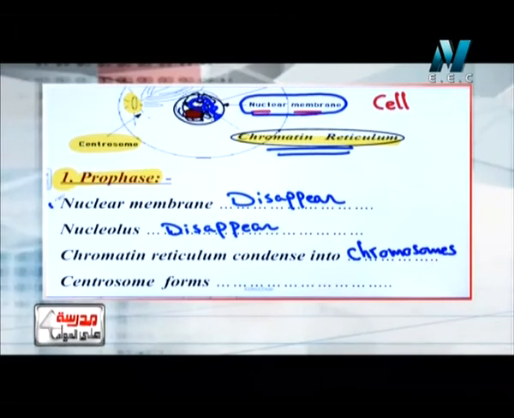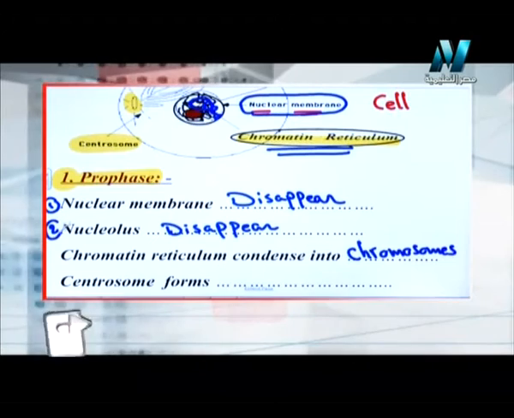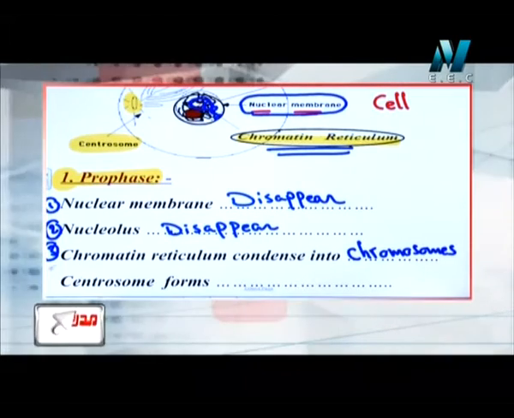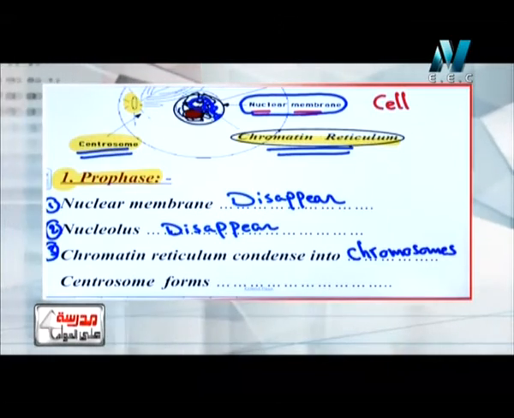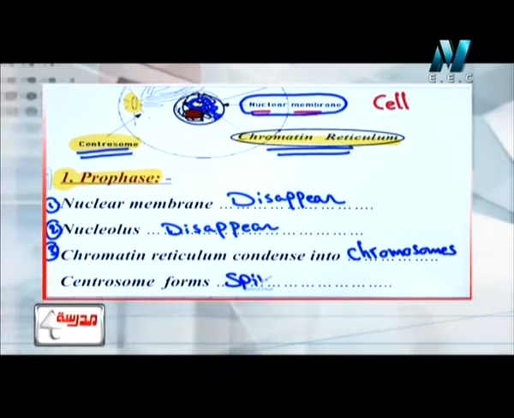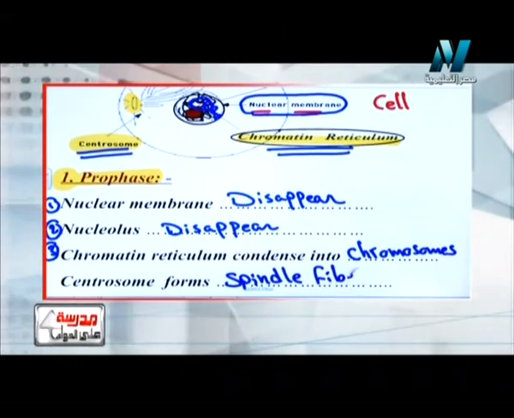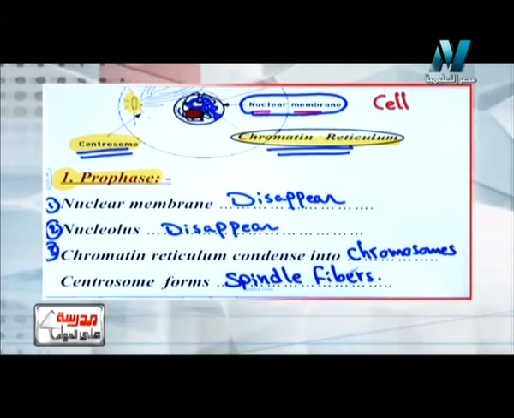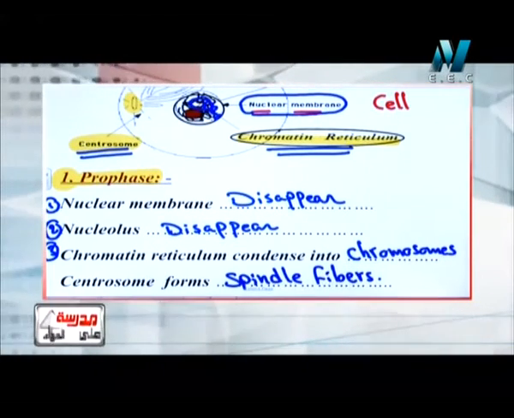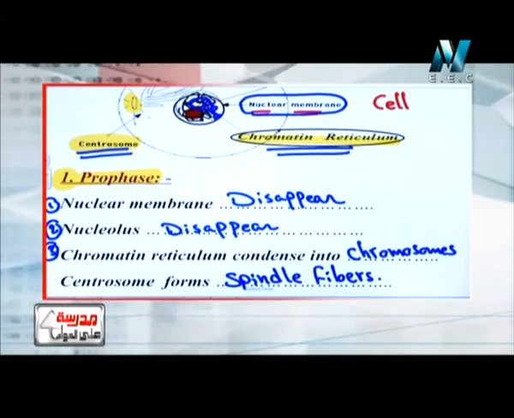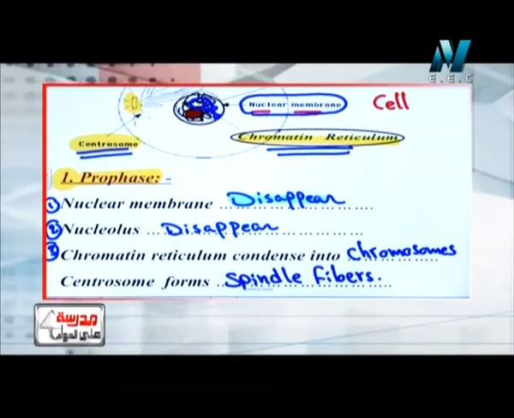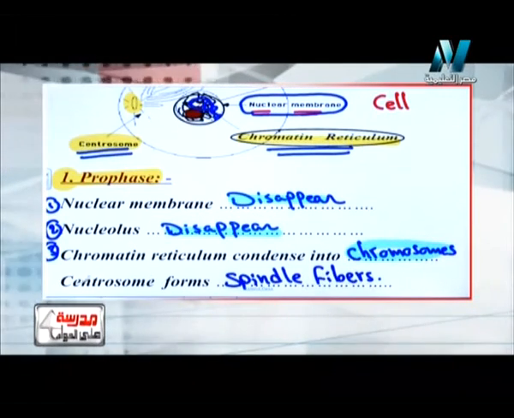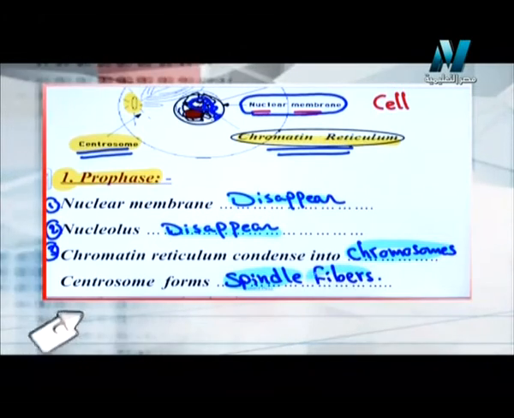So number 1, the nuclear membrane disappears; number 2, the nucleolus disappears; number 3, the chromatin reticulum condenses into chromosomes; number 4, the centrosome forms spindle fibers. Spindle fibers are threads that appear, and we will see them now. So at prophase we should remember these four points.